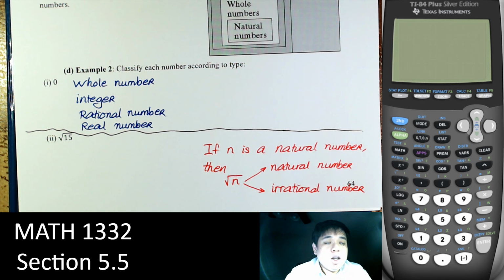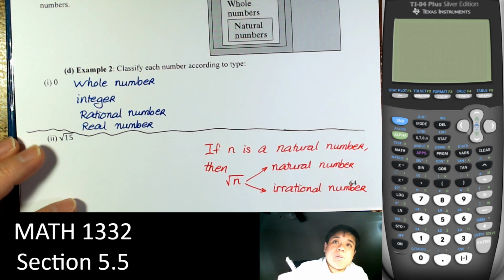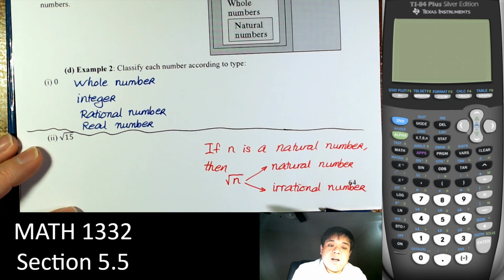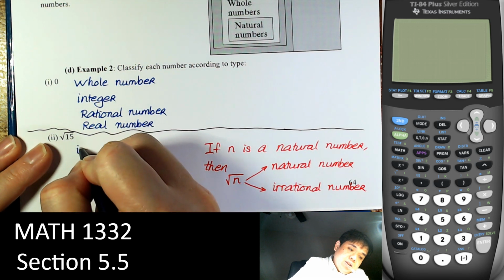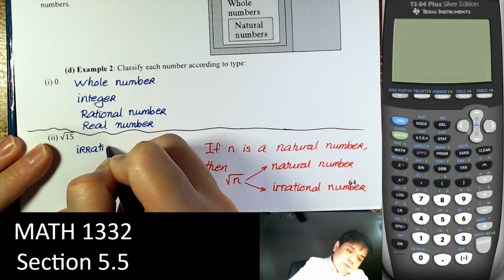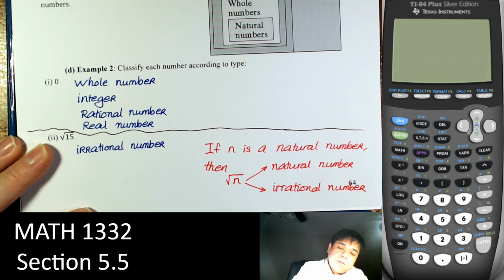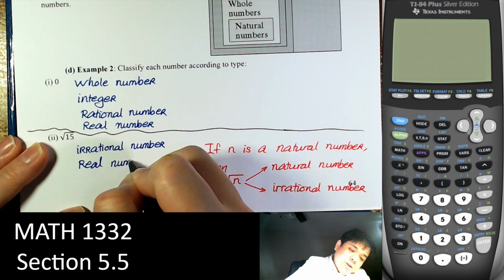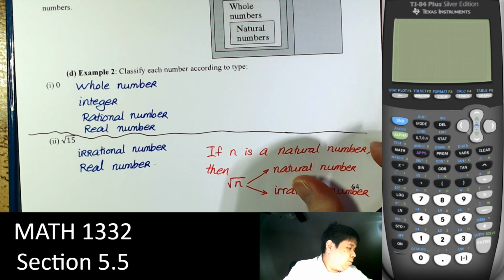Right. So square root of 15 does not come out nice and even. 15 is not a perfect square, so the square root of 15 is not an integer or natural number. So in that case, it has to be an irrational number. And of course, that is also a real number. Right. Keep going.